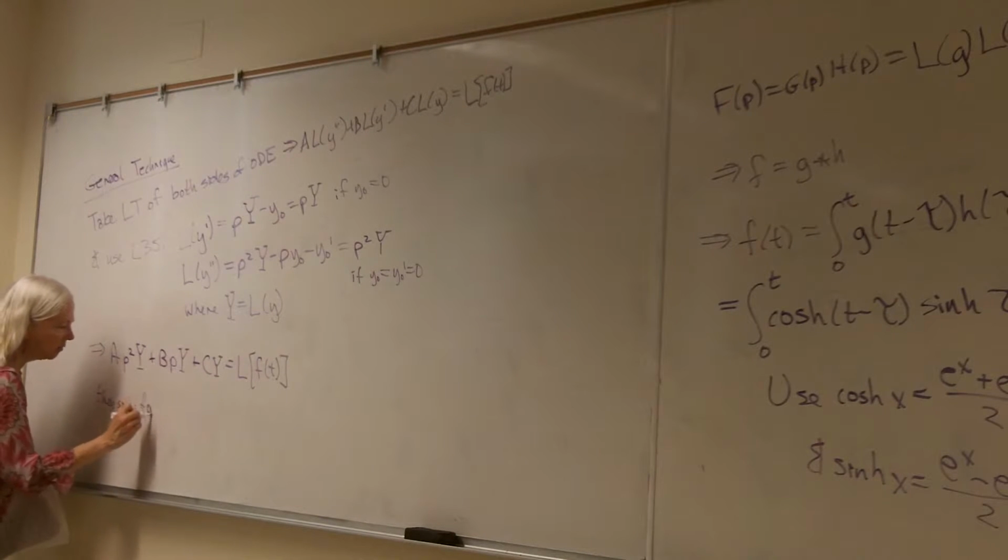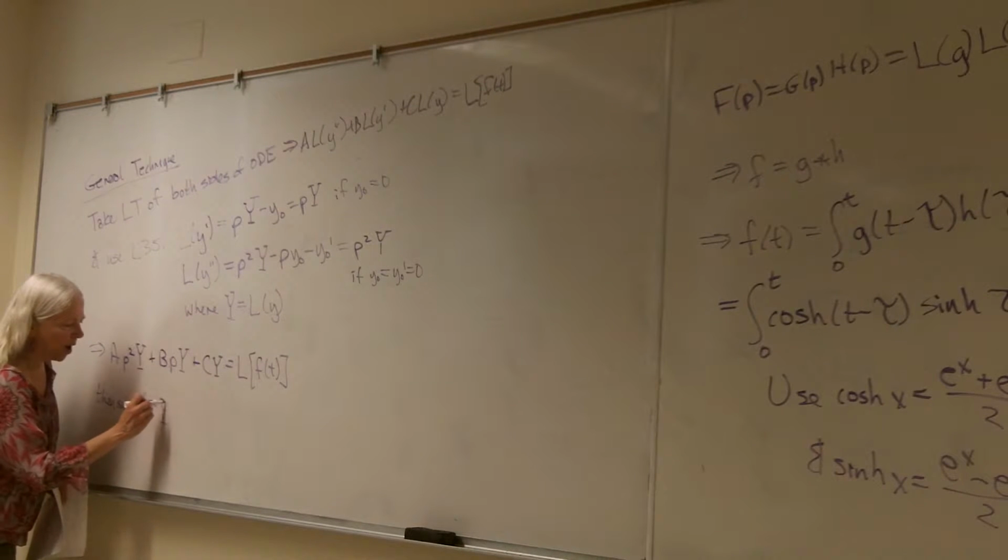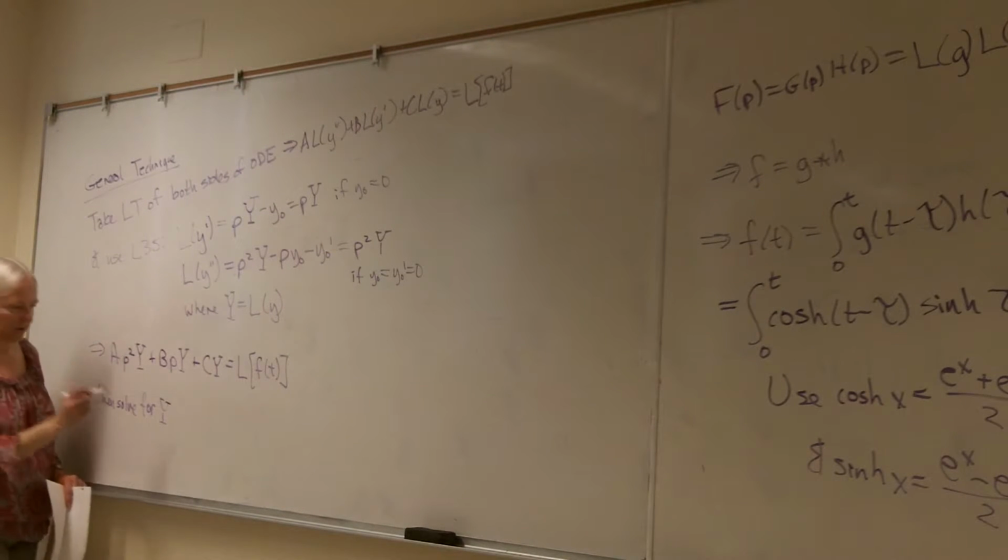Then solve this for capital Y. So far this is a lot like the example we did last time of differential equations. There's basically only one difference that comes along a little bit later. So this is an algebraic equation for capital Y. On the left-hand side, we could pull out a capital Y and write (A p squared plus b p plus c) times capital Y, and then solve for capital Y by dividing by that coefficient.